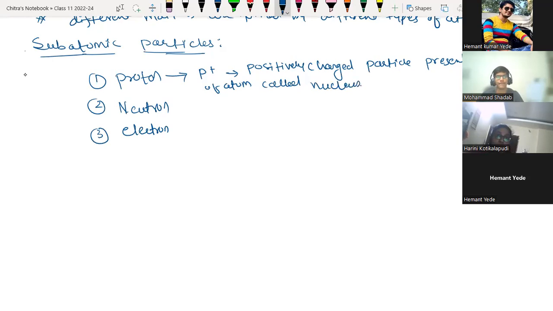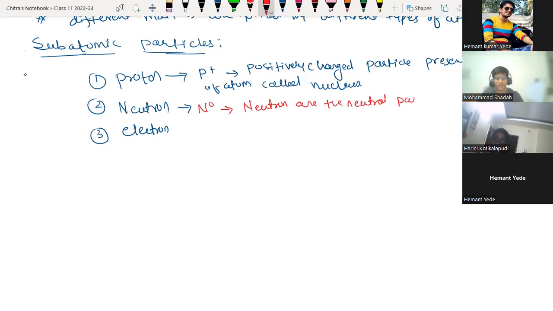Next we have the neutron. Neutron has no charge, so we represent it as n0. Zero, because there is no charge on it. So the neutron is a neutral particle. Neutral means there is no charge, no positive, no negative.